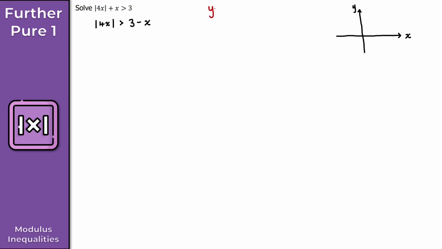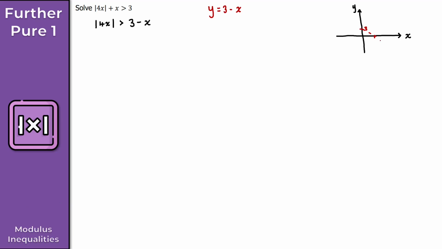So y equals 3 minus x here. So this will cut through at 3 here on the y-axis, like so. So clearly this should just be a straight line. That 3 straight away is going to get in the way, so let me just quickly get rid of that.